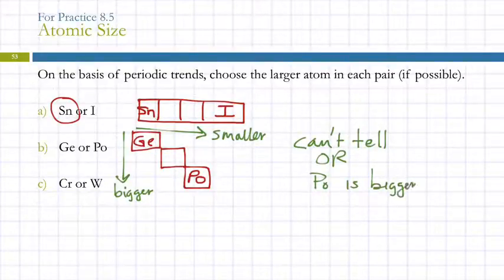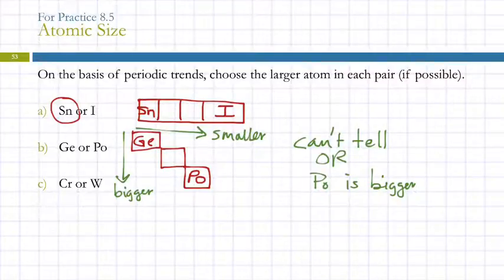You can't tell from the valence electrons. So why might I say that polonium is bigger? Usually this downward trend, where we're adding to larger principal quantum numbers, has more effect than going across and getting a little more effective nuclear charge. Okay? Any questions?